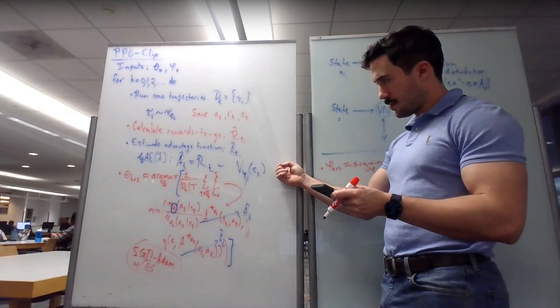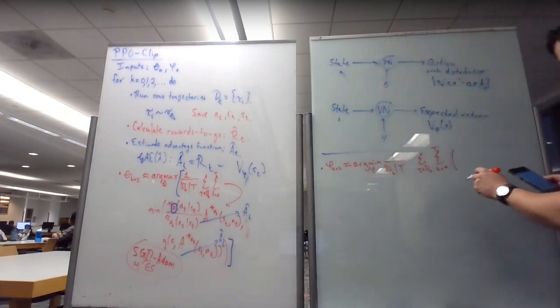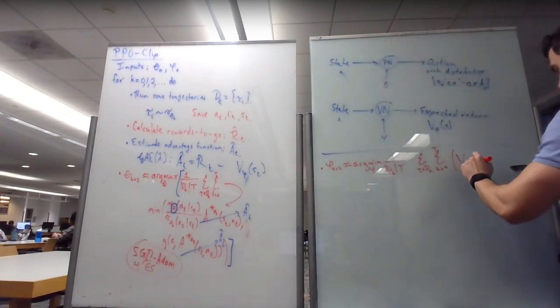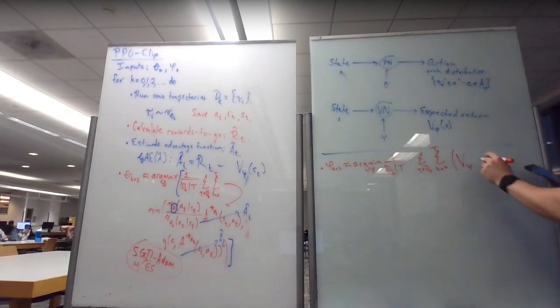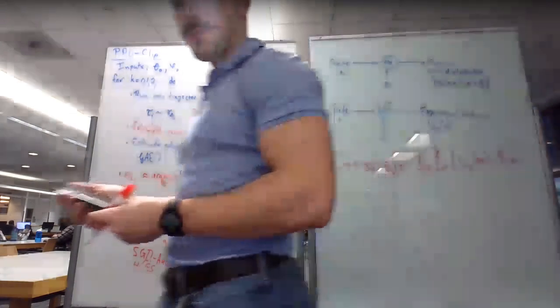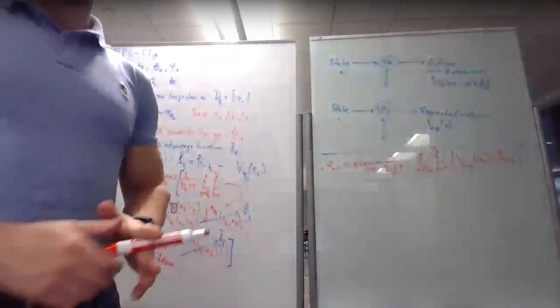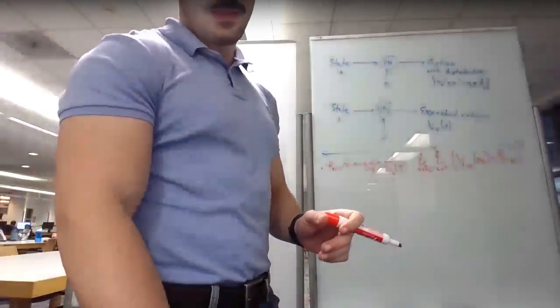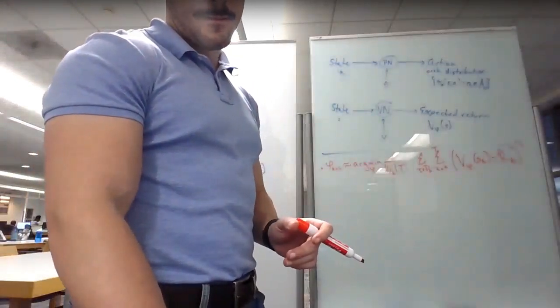Is that right? Yes, that's right. So that's going to be V, and they write it backwards for some reason, but I'll just do what they do, minus R hat t, squared. And that's it. You just do gradient descent on this. And same parameters. I think you do early stopping with the KL divergence too, I think.